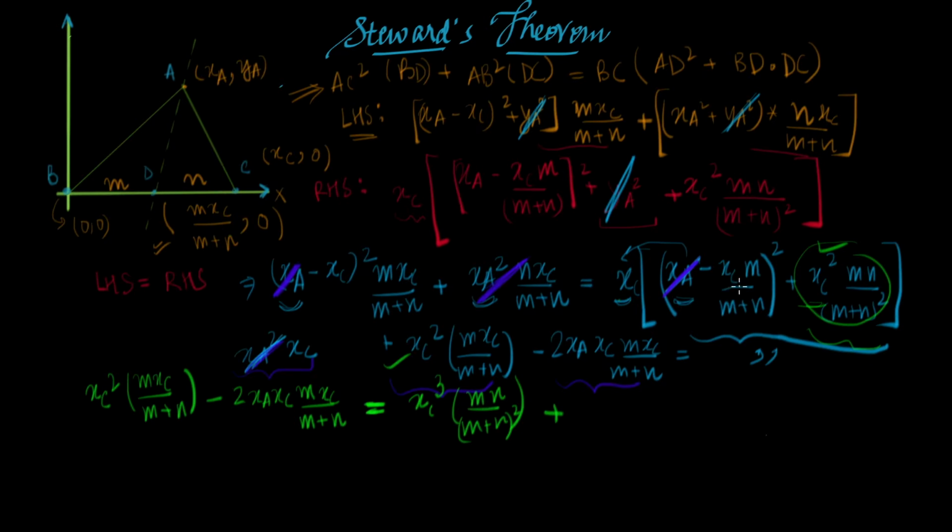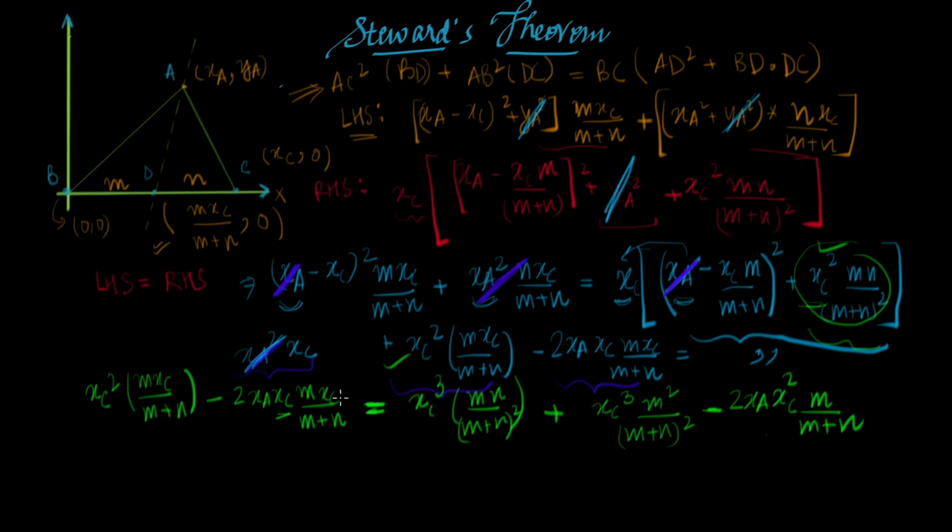So the first term would be xc squared m squared upon m plus n whole squared multiplied by an xc outside, so that makes it an xc cube, and that's m squared upon m plus n whole square, right? And the last term would be minus 2xa xc, but we have xc outside as well, so that makes it an xc square times m divided by m plus n.